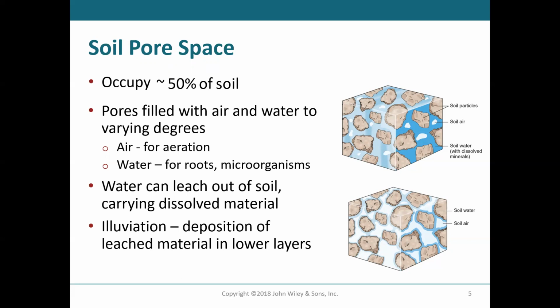Water, however, can leach out of the soil if it's not exactly rich soil that can withhold water, and then it carries dissolved materials, minerals, elements further down. Alluviation is an important vocabulary word, and it's basically the deposition of leached material into the lower levels of soil.